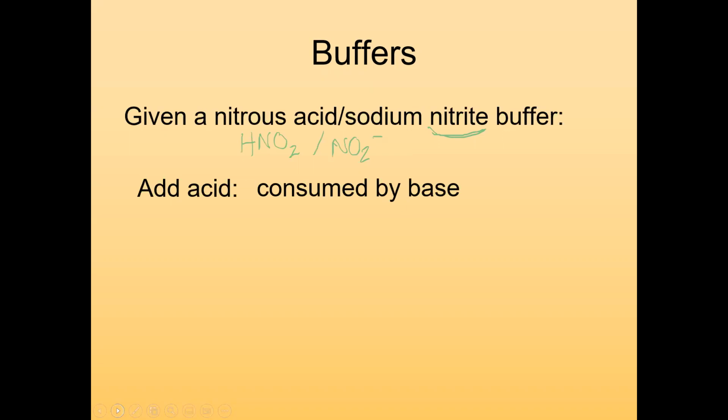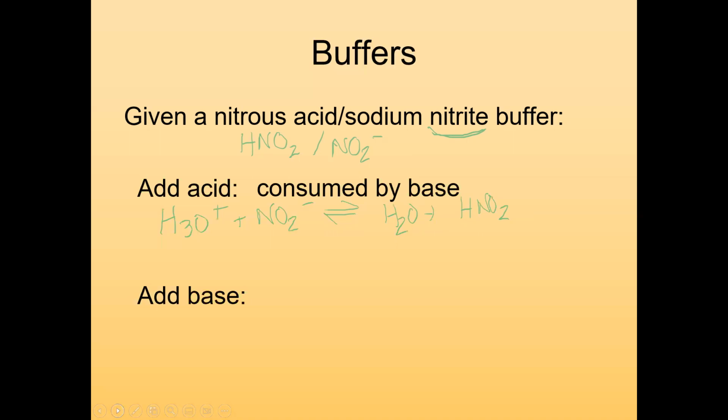So if we add some form of acid, so acid tends to have the H3O plus, the hydronium. If that is added to our base, our nitrite ion, what happens is the acid gives up its hydrogen to make water, and the base, the nitrite ion, accepts that hydrogen to make its parent acid, the nitrous acid.